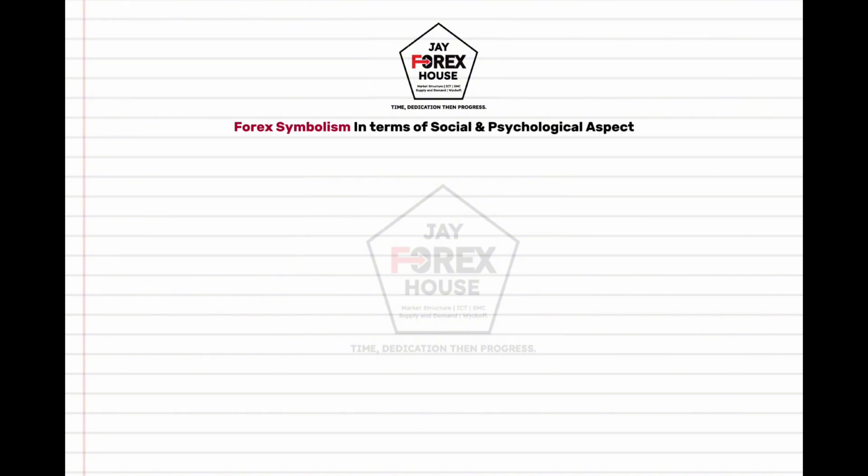So in social and psychological aspects, let's go into symbolism. And then let's talk about trading mainly. I'm going to show you how trading relates to social and psychological aspects. When you talk about the social, it is talking about a group of people, not just your own perspective, so a general perspective.